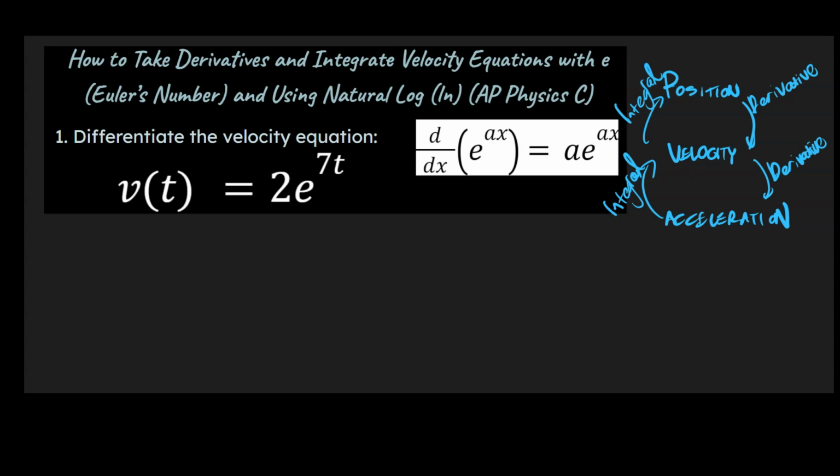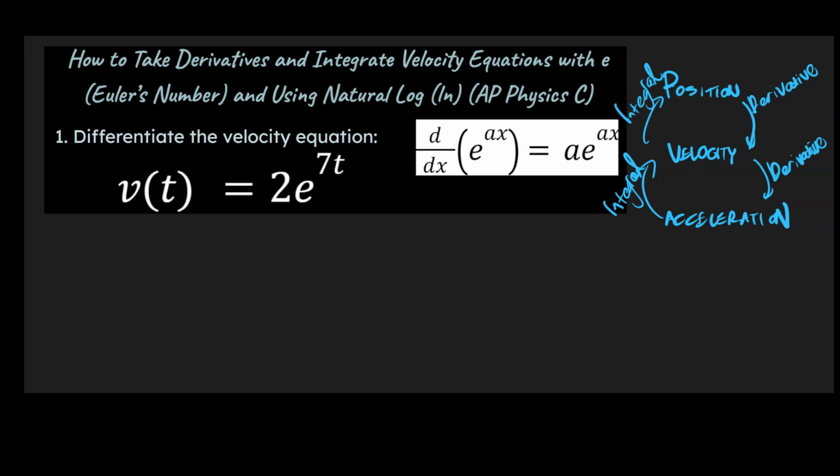And if you take the derivative of a velocity function or equation, you're going to get instantaneous acceleration. Now, when you integrate, you're actually going to get the change in value. So, for instance, the integral of an acceleration equation is going to give you the change in velocity, and the integral of a velocity function is going to give you the change in position or the displacement.